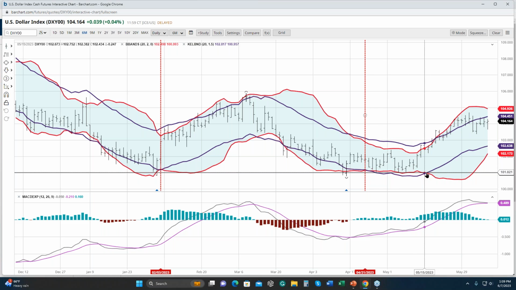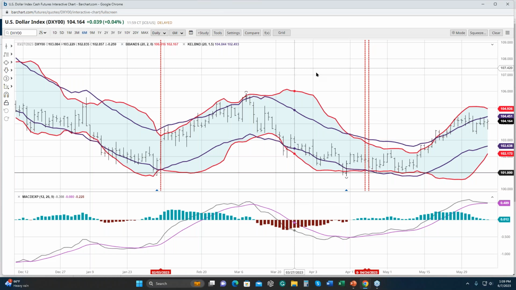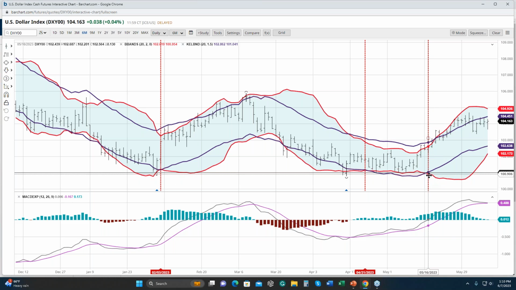And then right about here, it looks like this band goes outside. That would be the signal to us that they were going to release that pent up energy that was created by the squeeze.